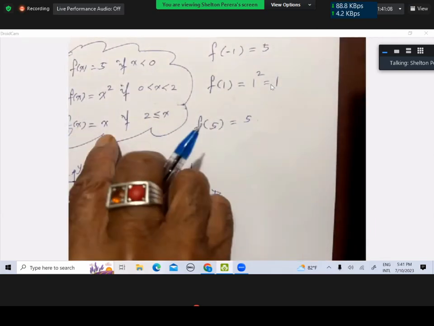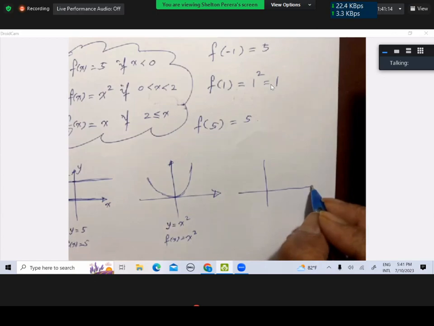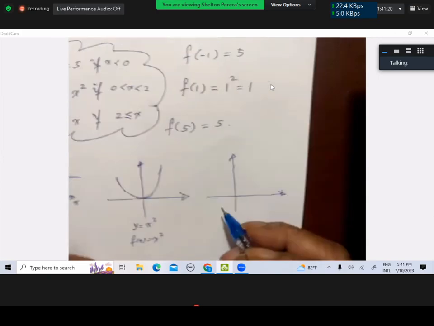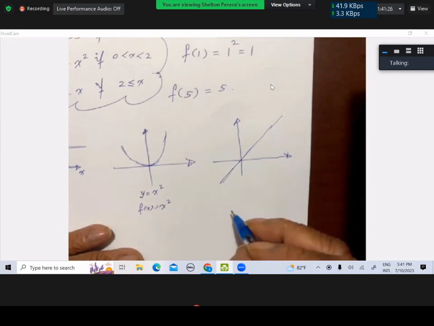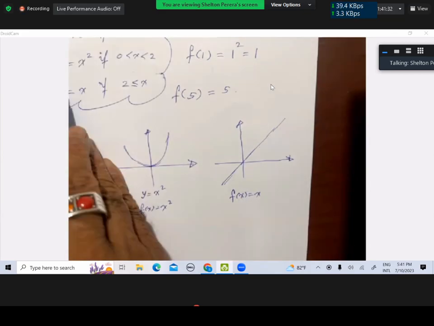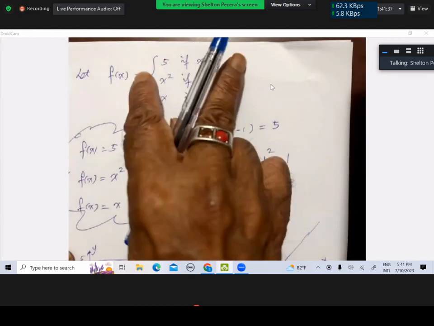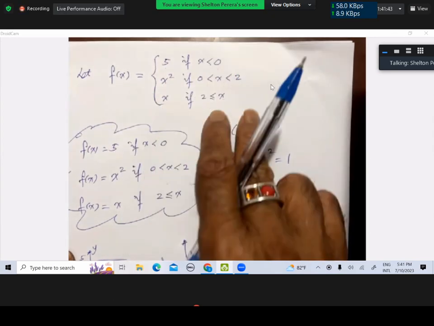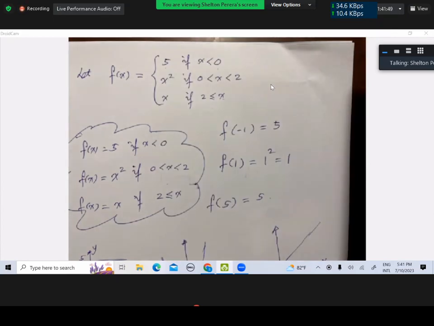Then graph of f of x equals x, third one. To sketch the graph of this, I must sketch the graph of y equals 5, y equals x squared, y equals x, and then cut the pieces according to the conditions given. Domain is split into 3 pieces.